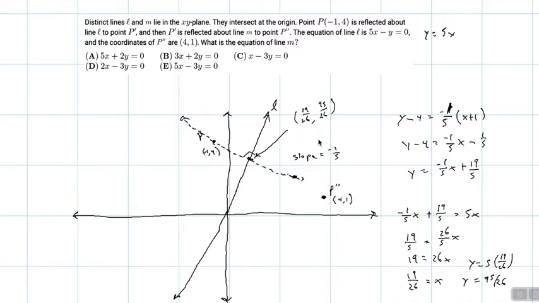Then what we'll want to do is find the change in y and change in x to get to that point. So the change in y going down from 4 to 95/26, since 4 is 104/26, is going to be negative 9/26, and the change in x going over, from negative 1 to 19/26, is going to be 45/26.